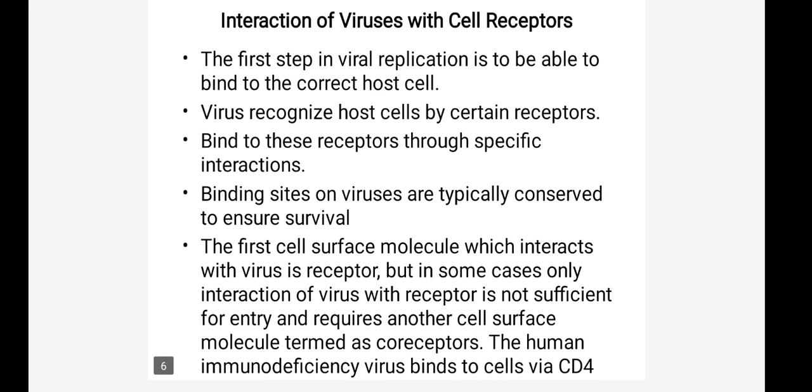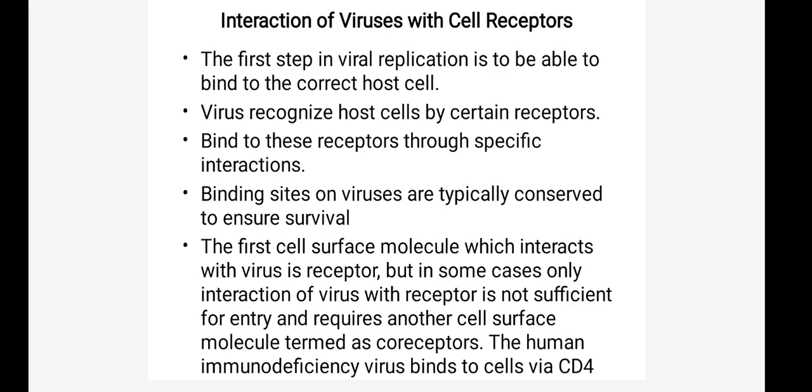Now the next point is how the viruses interact with the cell surface receptor. The first initial step in viral multiplication is the attachment or adsorption, and this adsorption of viral particles on the host cell surface is carried out through the receptors present on the host cell and the viral receptors.